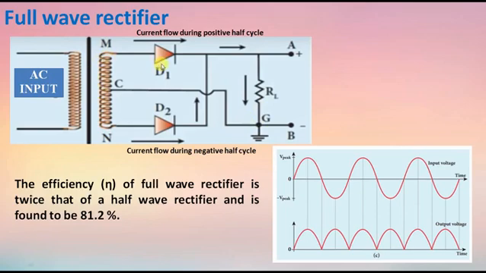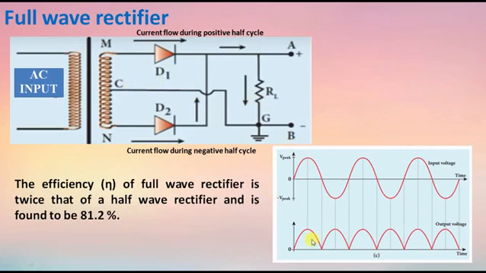Here the diode D1 is forward biased and D2 is reverse biased. Only the forward biased diode conducts current. D2 is reverse biased, so no current flows through it. The current flows only in one direction: M, D1, A, G, C. As a result, the positive half cycle of the voltage appears across RL in the direction G to C.